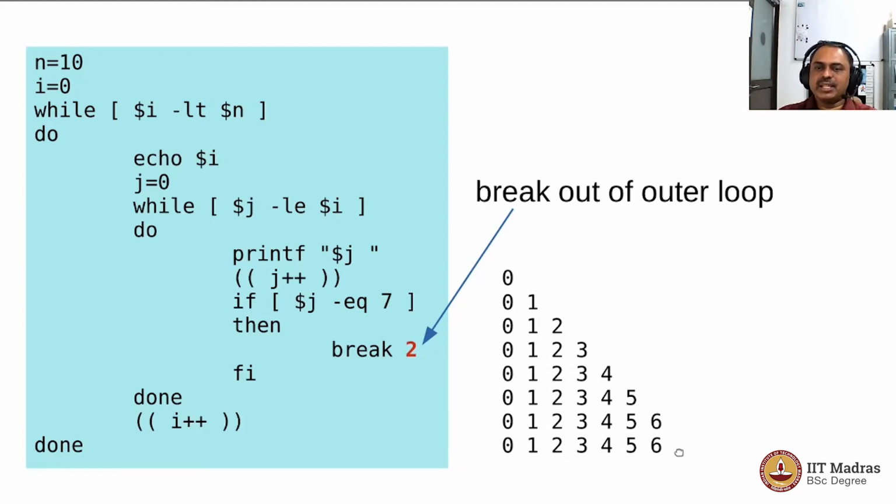So it shows you a triangle of numbers, and whenever j reaches 7, we want to come out of that. That means up to 6 the triangle is full, but when the last digit of the 7th row is to be printed, we have a problem. We want to come out of that loop and stop executing completely after that. That is what is being done with break 2 as a condition here.